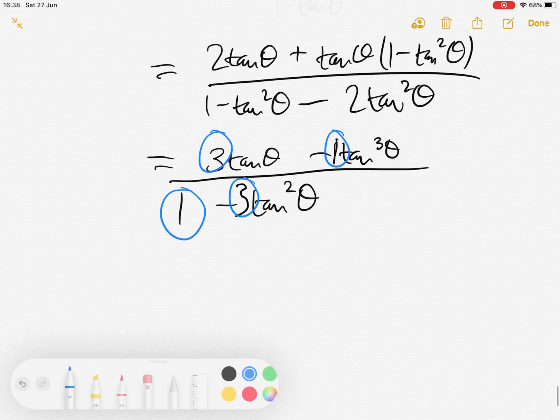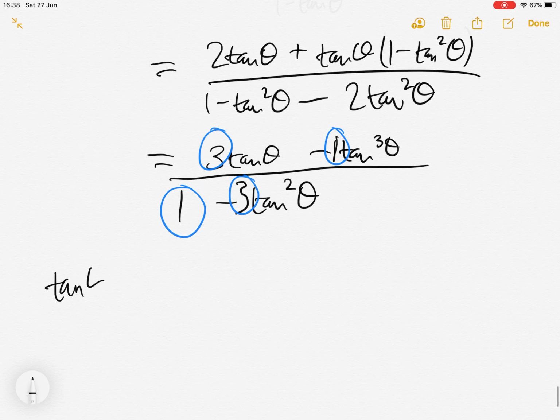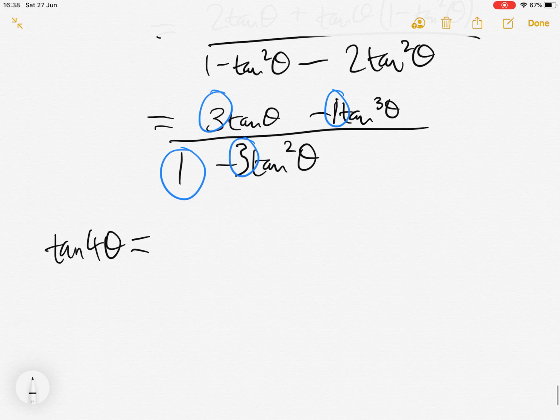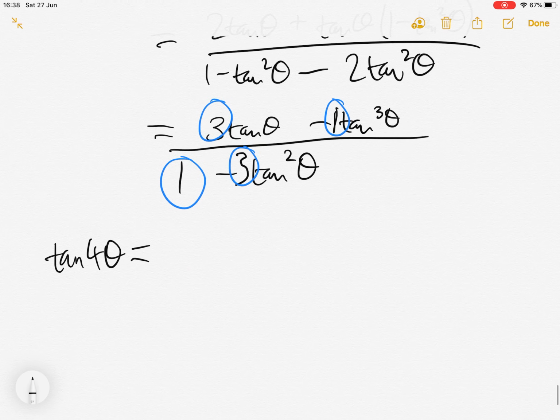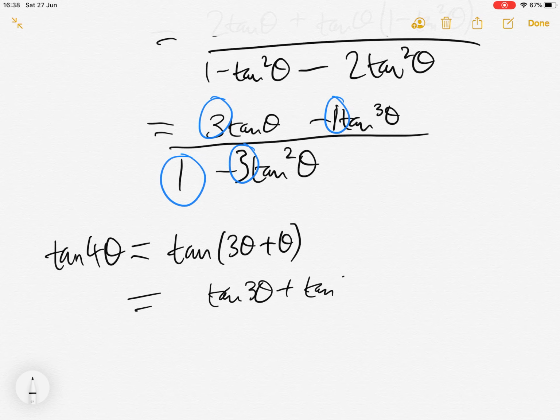Maybe not yet. So let's just, for fun, I can't see this being asked in the exam because it's a bit too much in terms of doing algebra, but let's just do tan 4 theta. So this is tan 3 theta plus theta, which is tan 3 theta plus tan theta over 1 minus tan 3 theta tan theta.